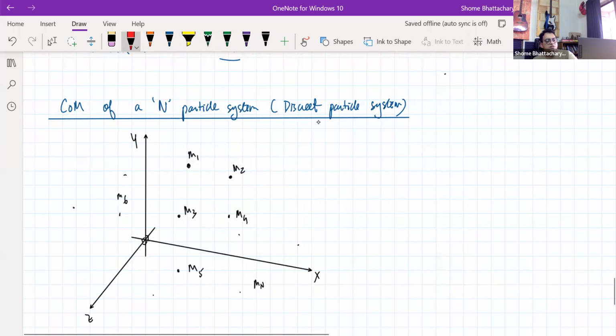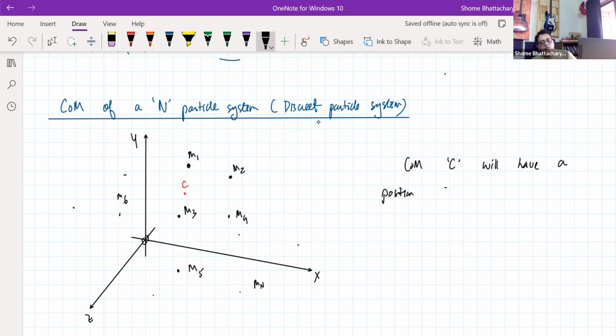So the center of mass will be a specific point within that space occupied by all these particles, such that its position vector is given by the formula m1r1 plus m2r2 plus the summation going up to the last particle of mass mn located at position rn, divided by the total mass.